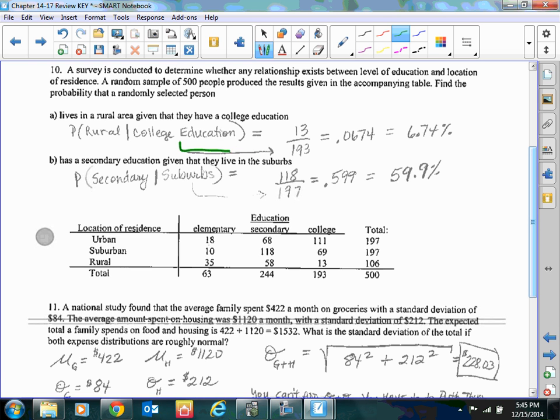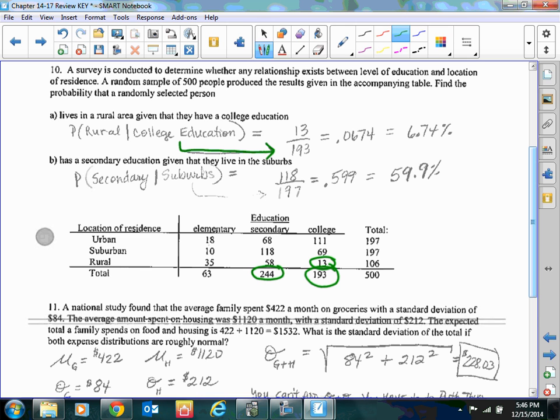So out of all of the college education people, which is 193, what portion of that are from a rural area? 13. Next, has a secondary education given that they live in the suburbs. So that would be out of this 244. Hold on a second.